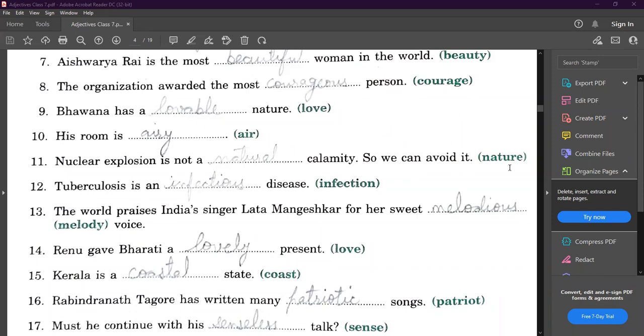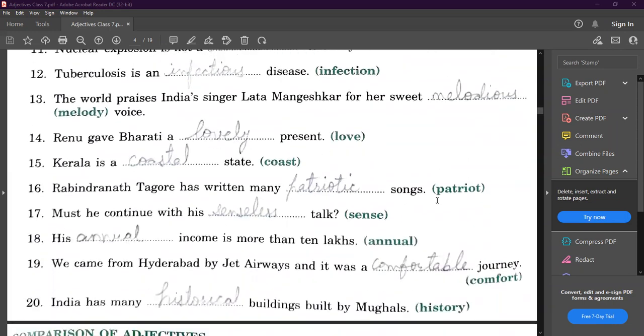Coastal means along the shore, okay, whose shores meet the sea. Rabindranath Tagore has written many patriotic songs. Patriot means lover of one's country. Patriotic songs means songs of patriotism. Must he continue with his senseless talk?